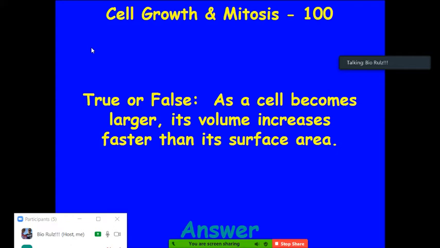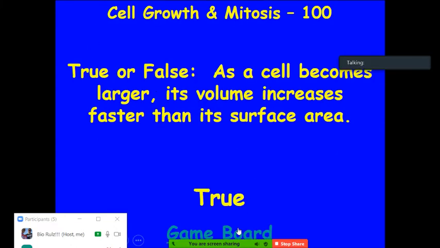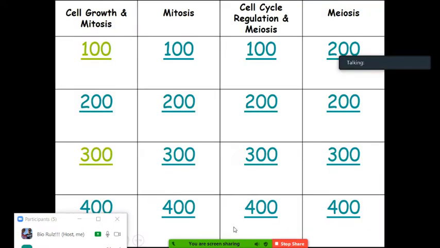About 10 seconds. All right, here we go. That's true. As a cell becomes larger, its volume increases faster than the surface area.